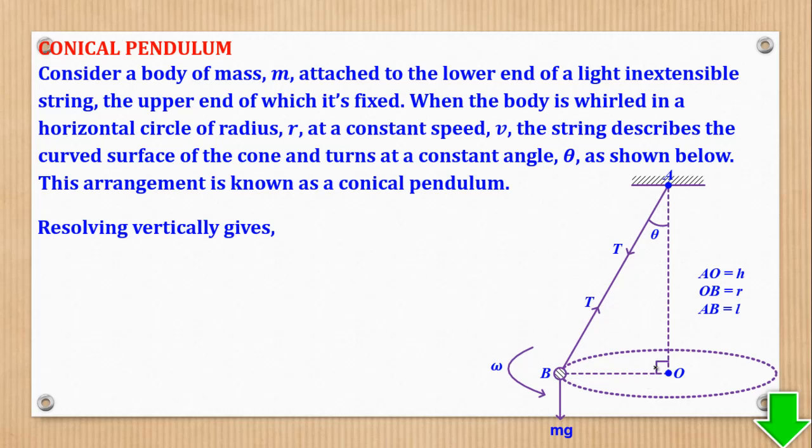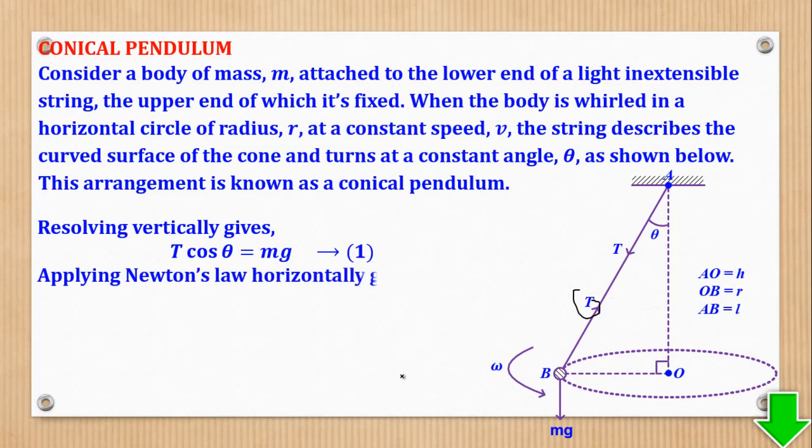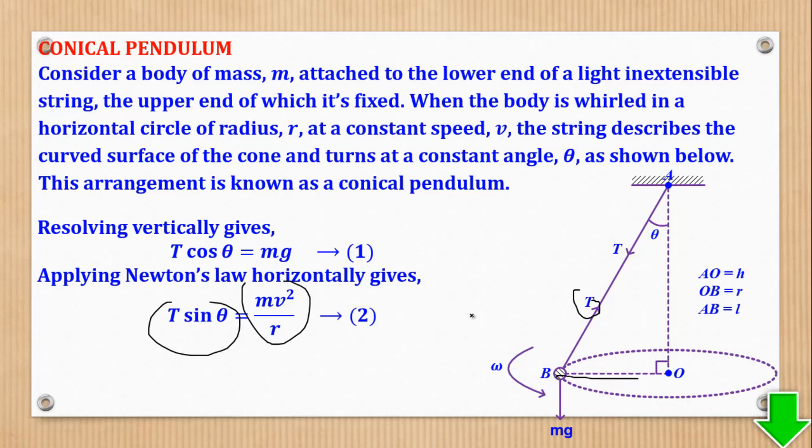So that we can resolve also. Resolving vertically, we shall come up with T cos theta equal to mg. Applying Newton's law horizontally, towards center O, we shall come up with T sine theta equal to the centripetal force, because that horizontal component is what provides the necessary centripetal force.